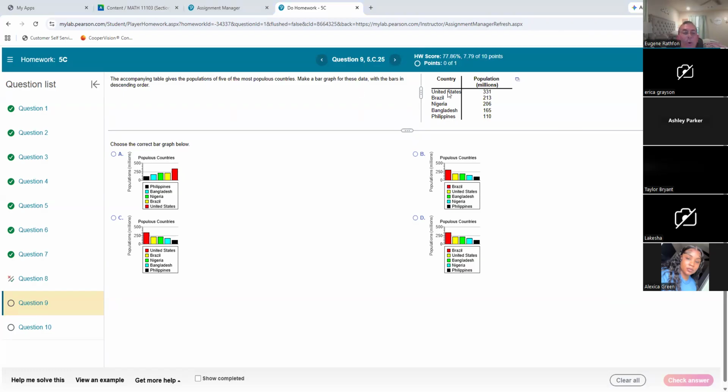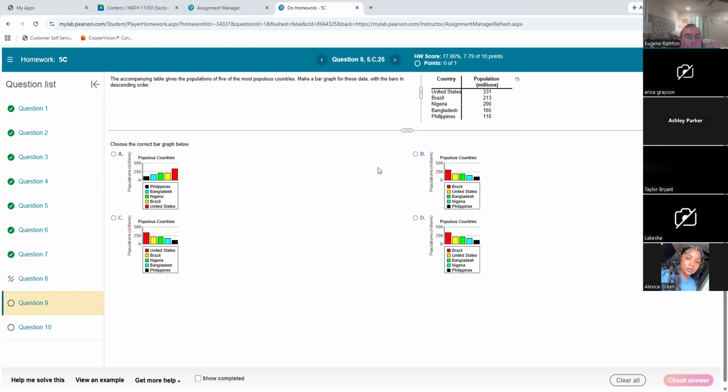So the categories are going to be United States, Brazil, Nigeria, Bangladesh, and Philippines. And it looks like they're going in order, okay? So that means the United States has to be the highest bar no matter what, because it's got 331 million. And then Philippines is going to be the smallest bar because it's only got 110.